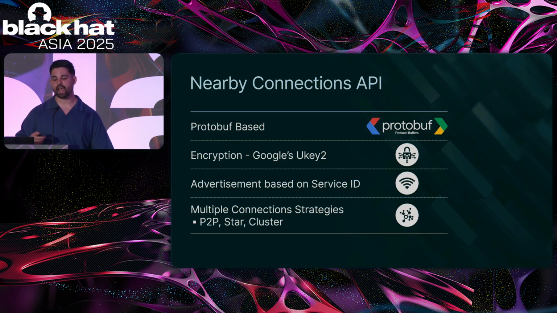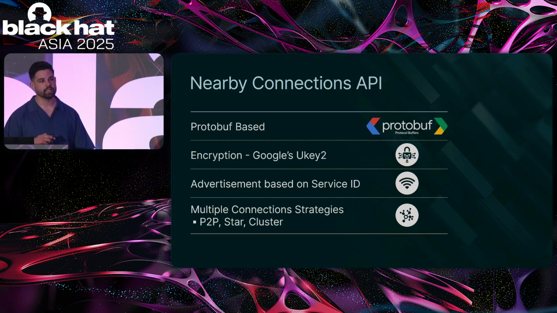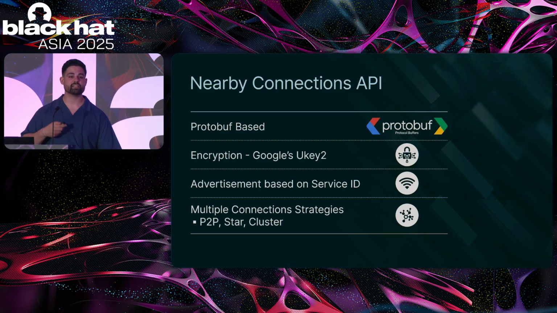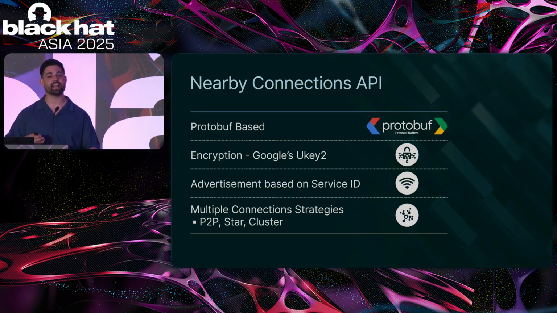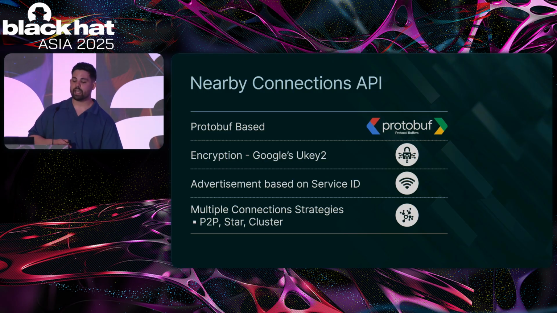Now, a few interesting facts about the Nearby Connections API: it's based on Protobuf. For encryption, it uses the Google UKey2 library. In order to distinguish between different apps that use the Nearby Connections API, each app provides a service ID, and the API can be used in multiple connection strategies, including peer-to-peer, star, and cluster.